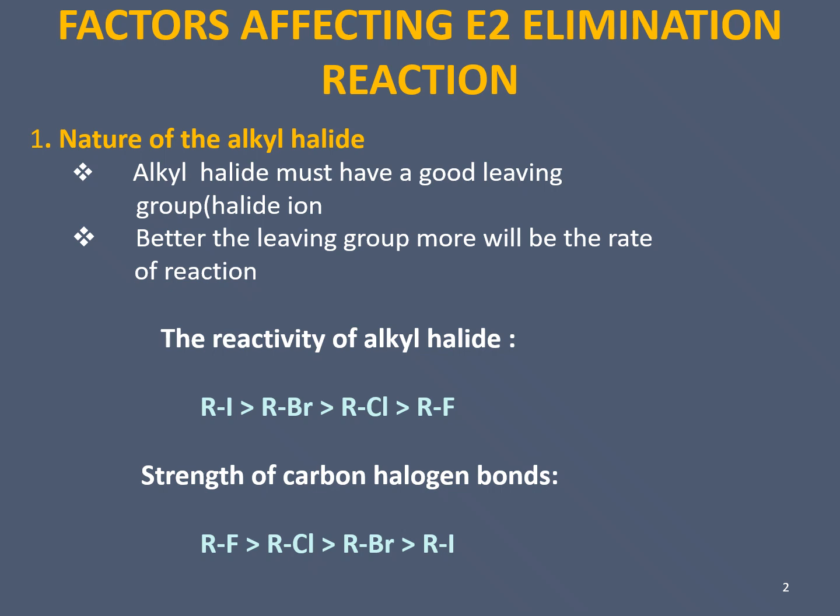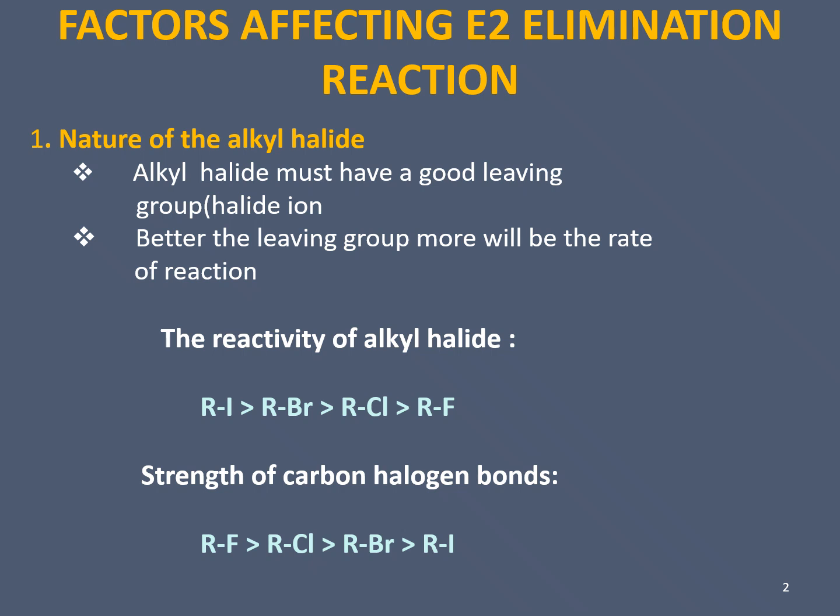And this same statement can be used to explain the reactivity of the alkyl halides. Since the bond strength of alkyl iodide is very weak when compared to all other alkyl halides, the reactivity of alkyl iodide will be more, because less energy is required to break the carbon iodine bond.